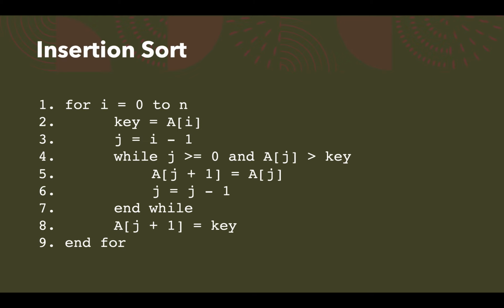Next you got the next card. So you check the face value of that card and the cards that you have in the left hand. The card that you have in the right hand should be inserted in the correct order in the left hand, right? So you compare the face value of the card in the right hand and the left hand. If the face value of the card in the right hand is greater than the card in the left hand, then you will be inserting the card at the end of your left hand as the last card.